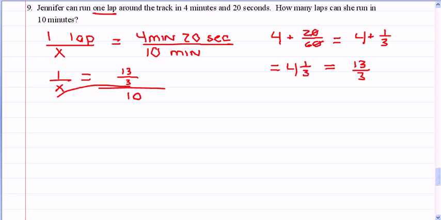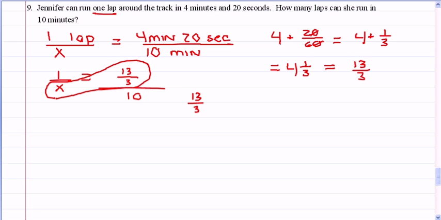So that I'm cross-multiplying 13/3 times x. So I start by cross-multiplying x times 13/3.